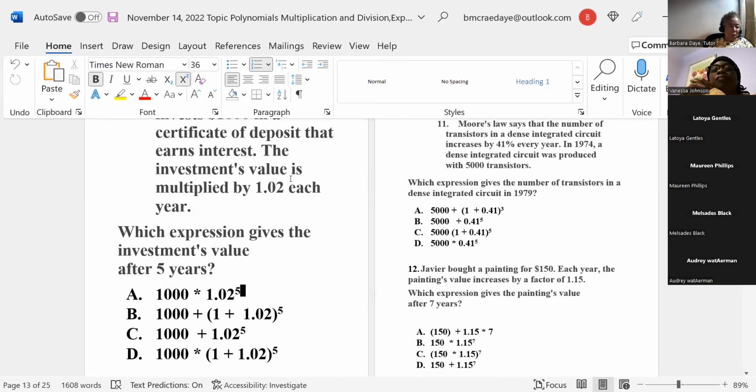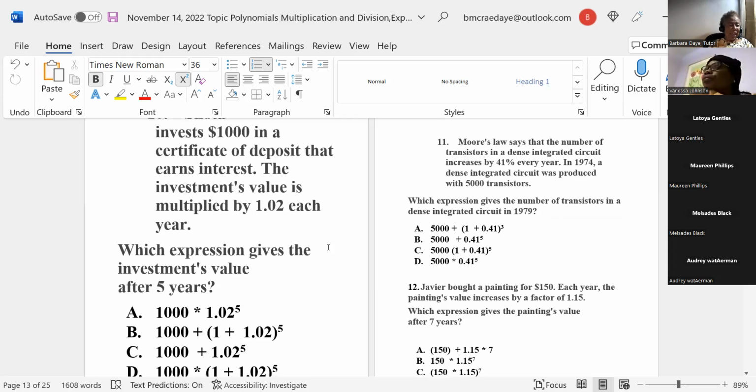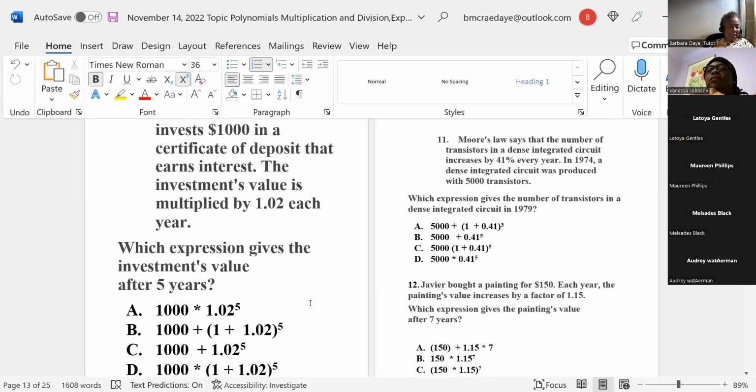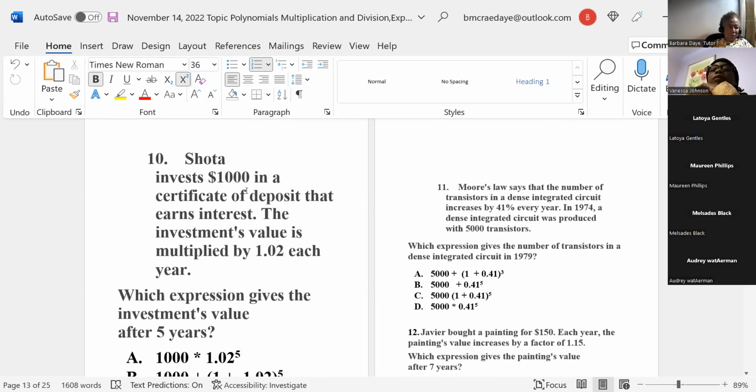So, knowing that, we are at number 10. Mercedes, what would you say the answer for number 10 is? It works just like the one we just went over. What answer would you pick, Mercedes? Let me see. Original is the thousands. You know you multiply that by something.